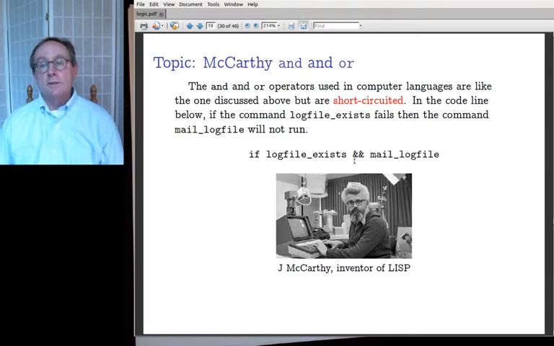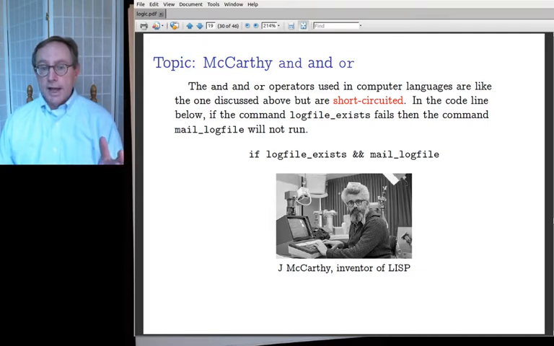If the log file doesn't exist, the and operator will never go on to run the second command. If this comes out false, then the second command will never get touched, so you'll never get a failure from trying to mail a file that doesn't exist. That's called a short-circuited operator, and you see that a lot, in particular for AND.